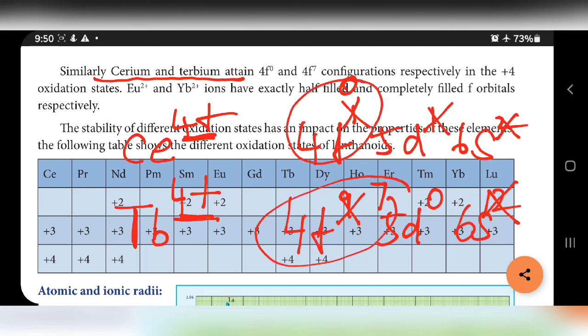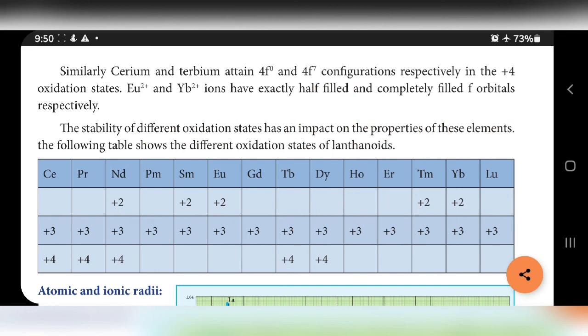So cerium 4+ and terbium 4+ have 4f0 and 4f7 configurations.